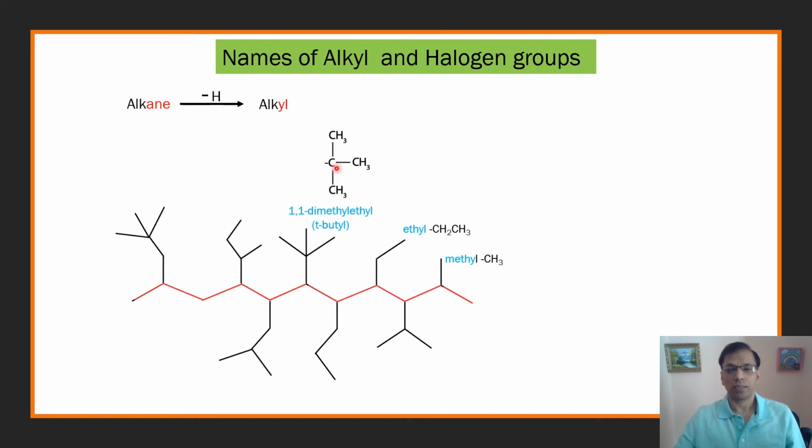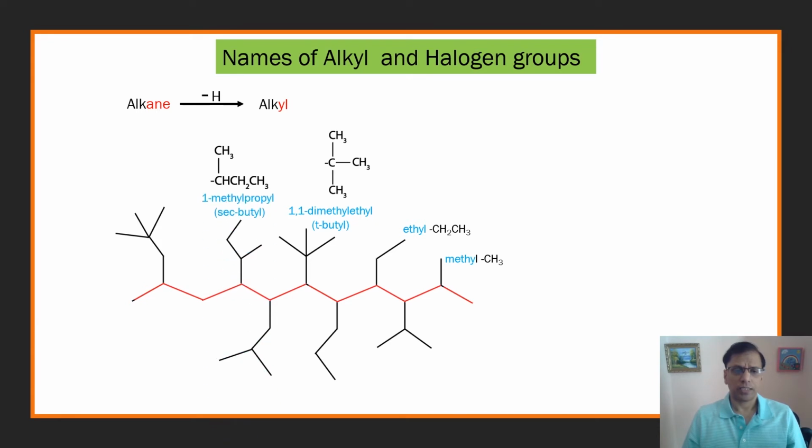Well, this carbon atom is considered carbon atom 1, and this is 2. There are two carbon atoms, so it's ethyl. These two methyl groups are the substituents, and they are attached to carbon atom 1, so they are called 1,1-dimethyl, because there are two methyl groups, and they are located on the ethyl chain.